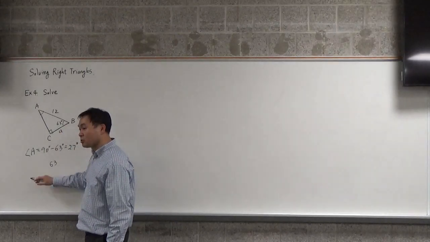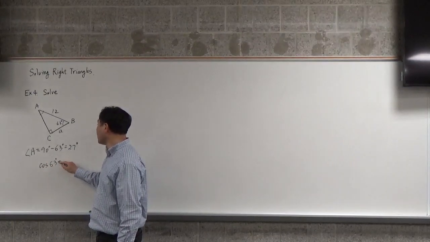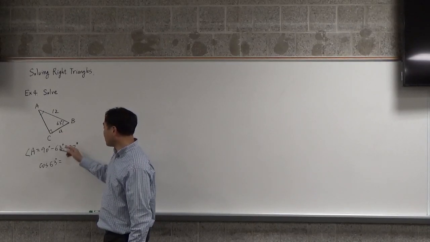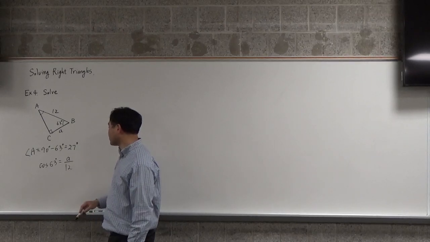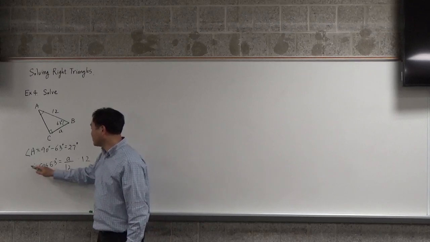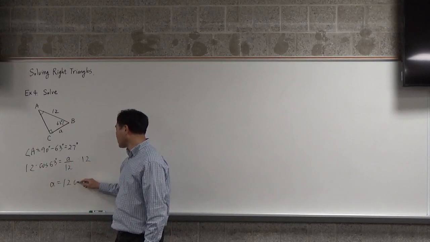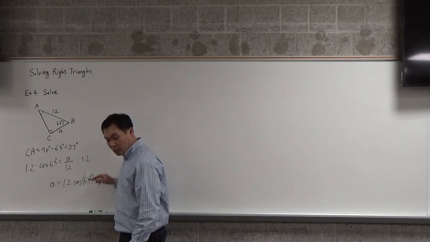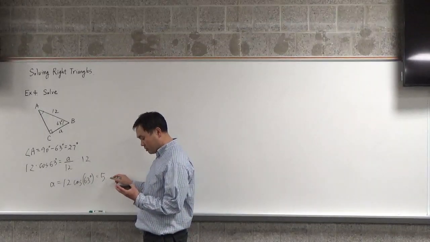So you should be using cosine. Cosine 63 gives you the adjacent length, which is A, over the hypotenuse, which is 12. And then you can multiply 12 both sides to get A equals 12 times cosine 63 degrees, and that will require a calculator. Make sure that gives you 5.45.